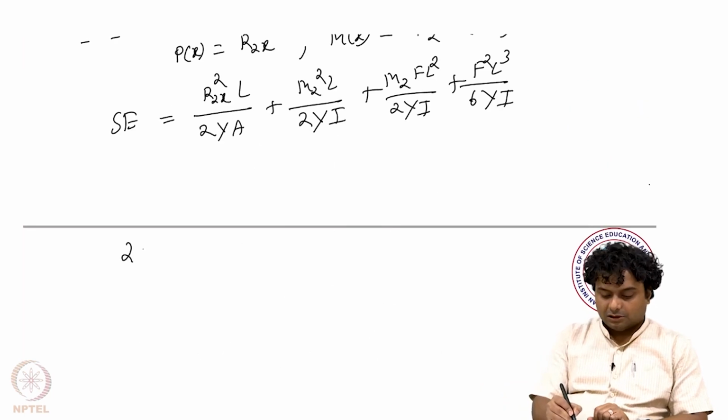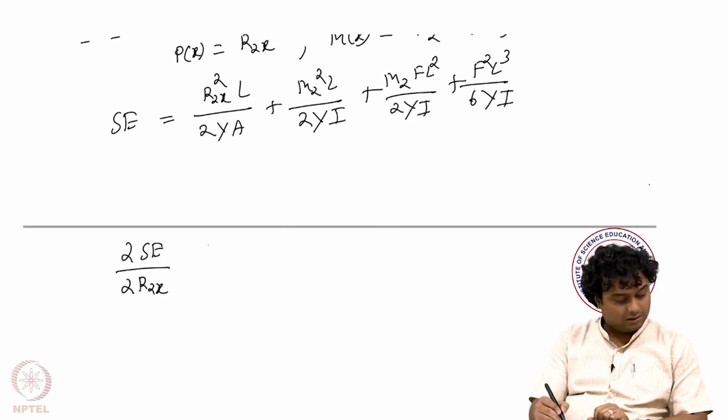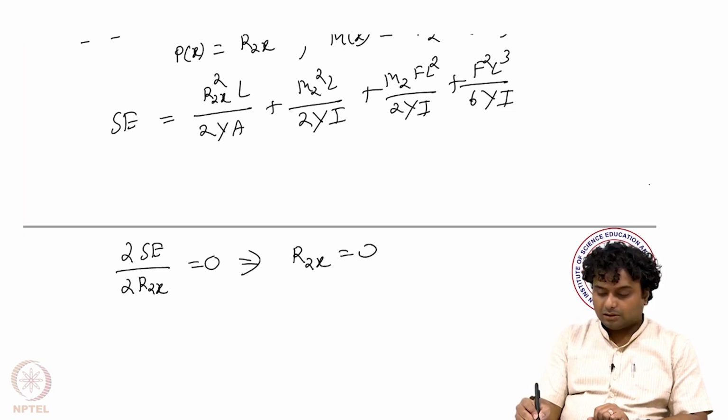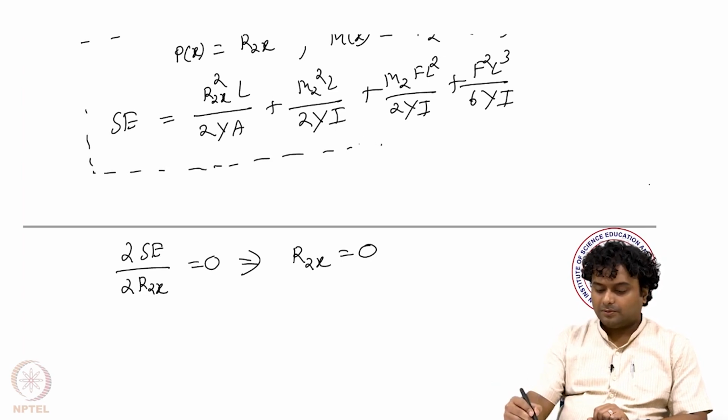So delta SE by delta R2x equals 0 implies R2x equal to 0, because in this strain energy the only term which depends on R2x is the first term, R2x square L by 2AE. The other terms are independent of R2x, so they become directly 0.